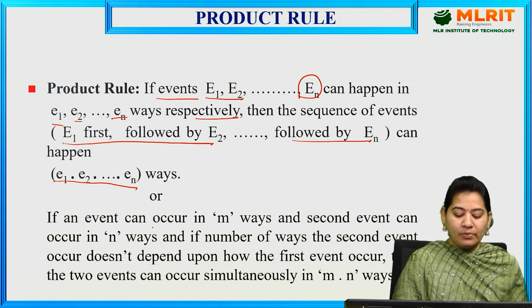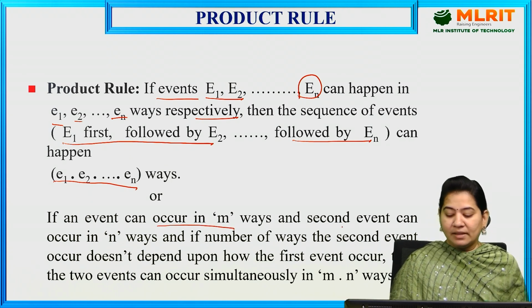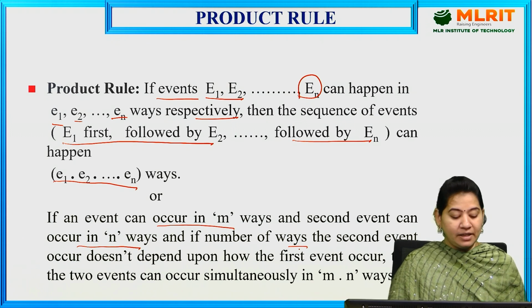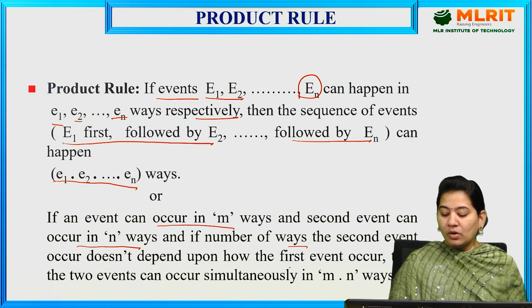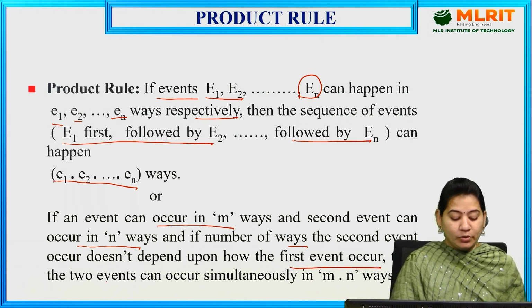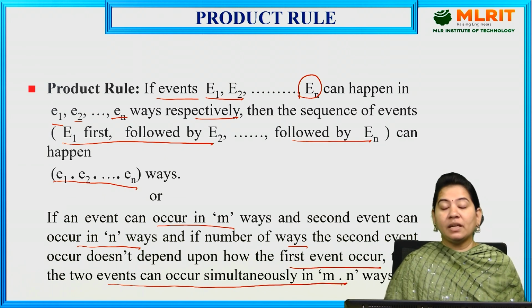Or, if an event occurs in M ways and a second event can occur in N ways, and the number of ways the second event occurs does not depend on how the first event occurs, then the two events can occur together in M into N ways.